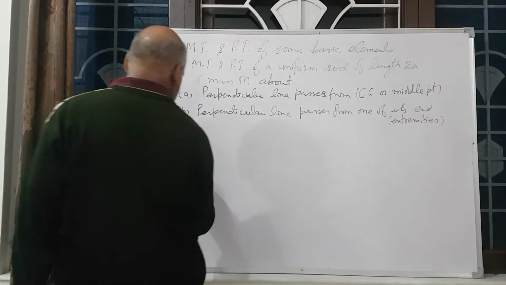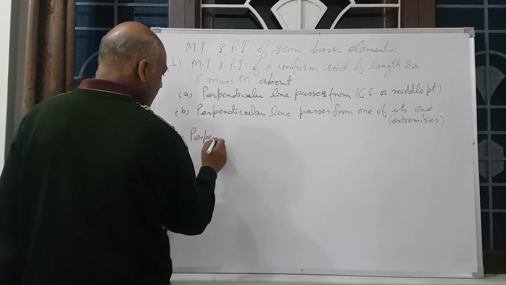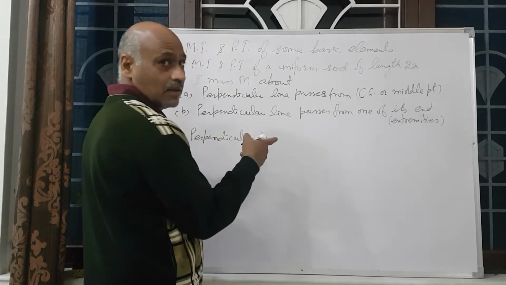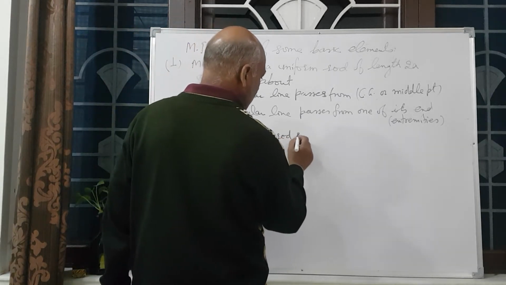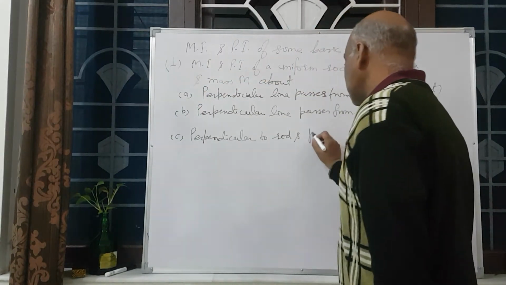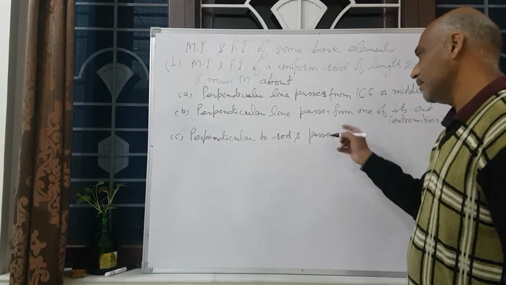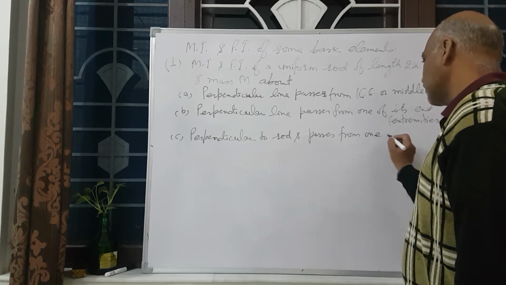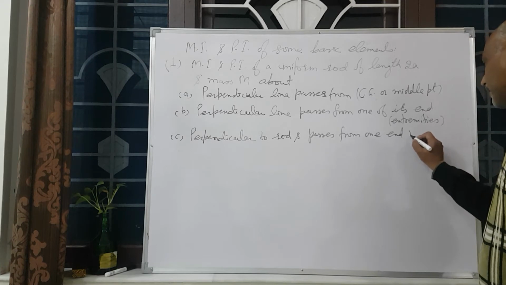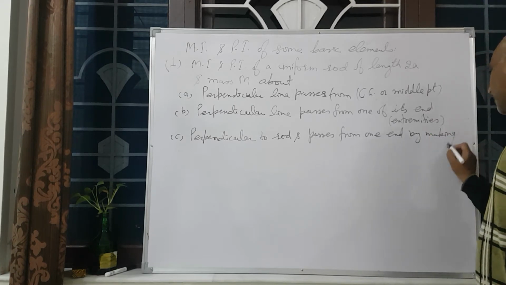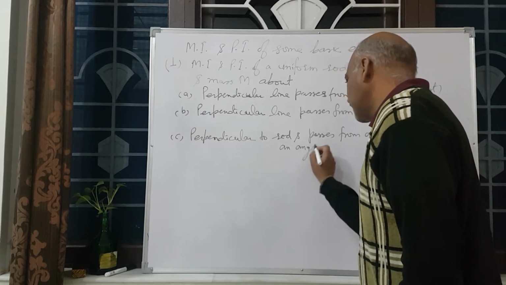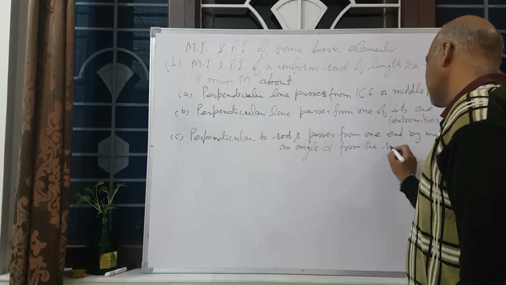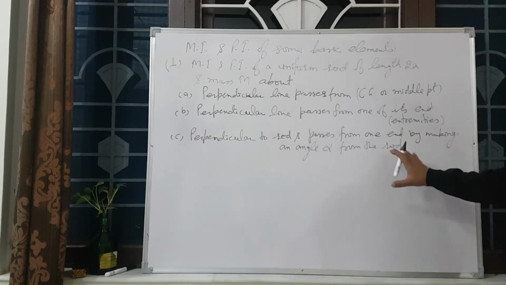Okay. And C is about a line perpendicular to the rod, passing through one end, making an angle alpha with the rod.